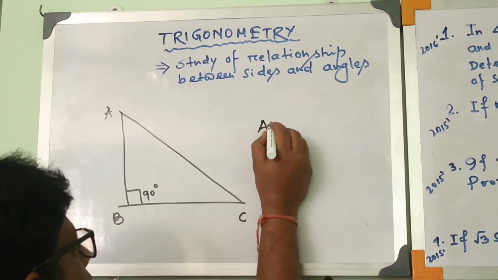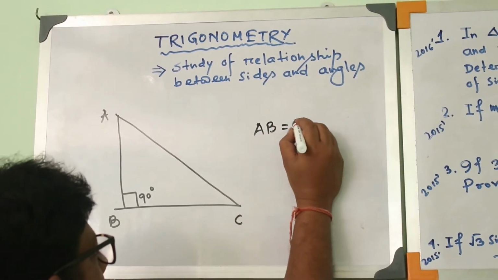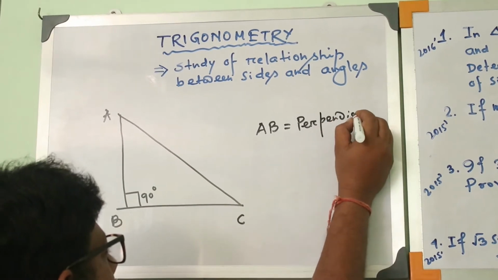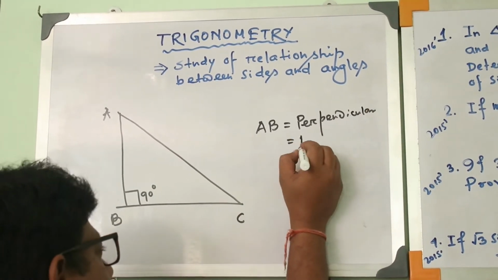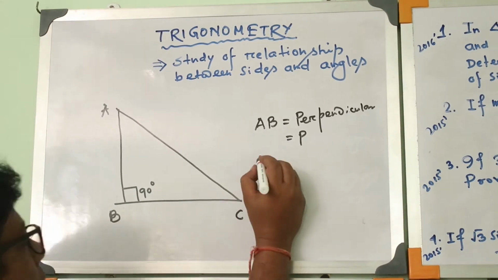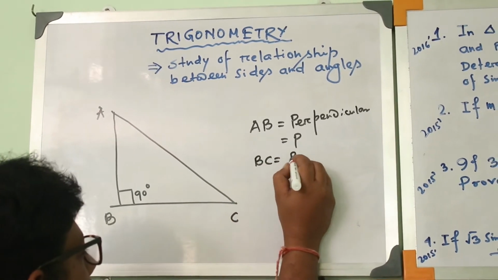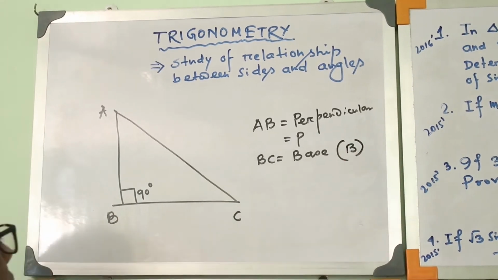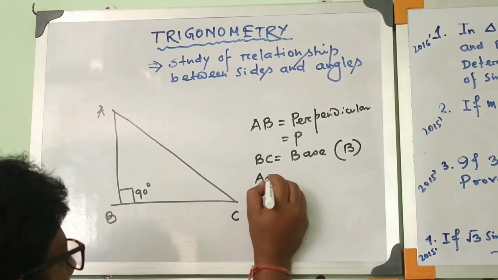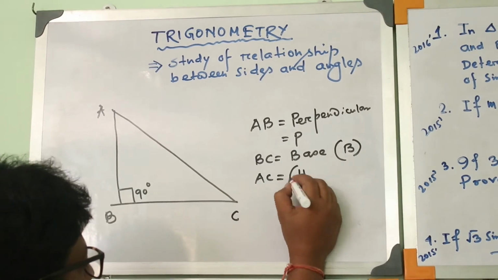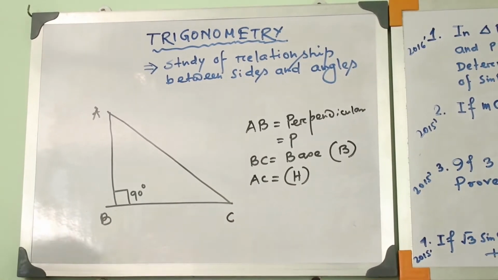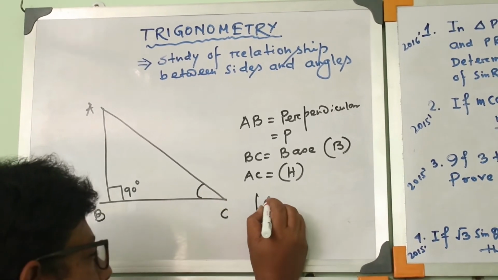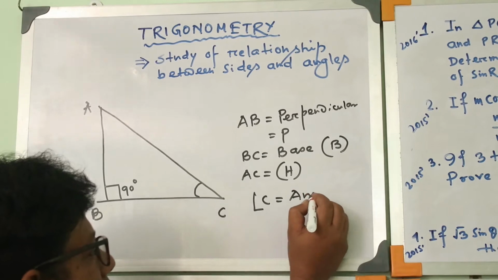AB is perpendicular, we can say P. BC is base, we can say capital B, and AC is hypotenuse, we can say H. So C, this is the angle. This angle is called the angle of reference.